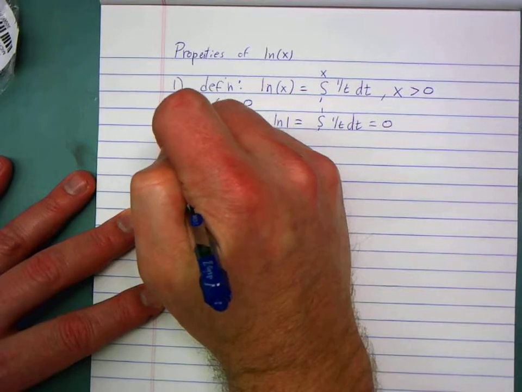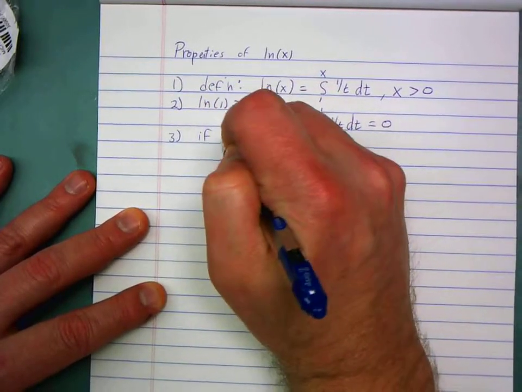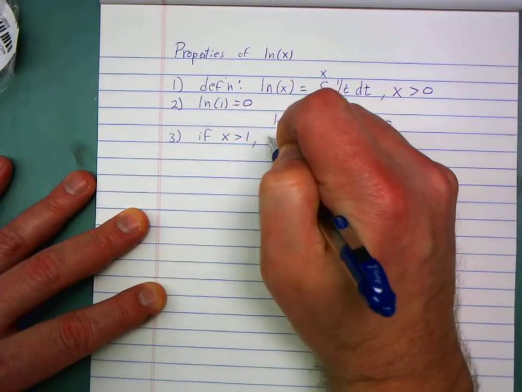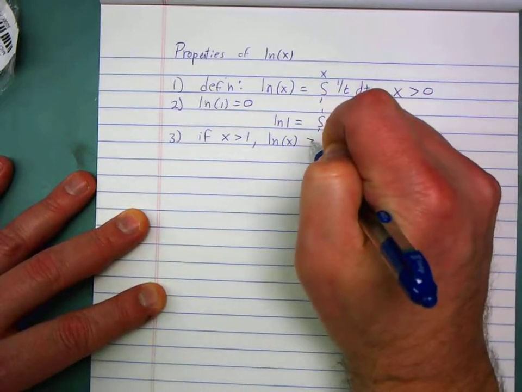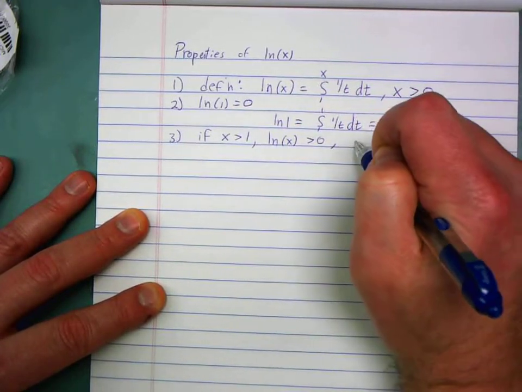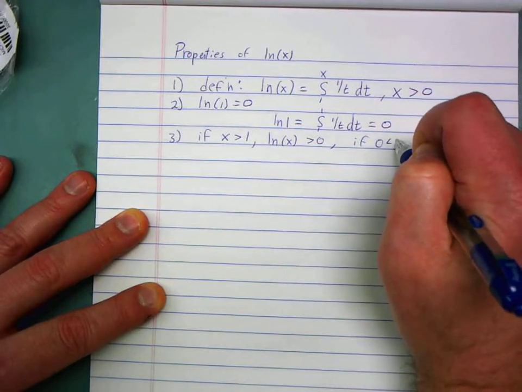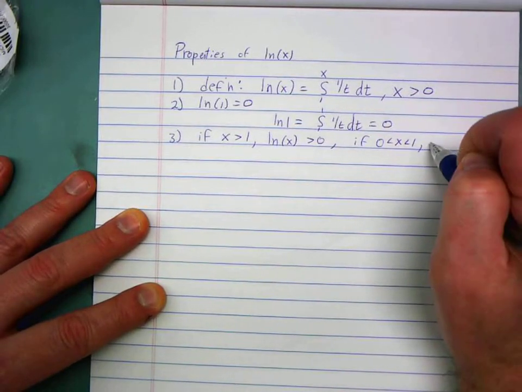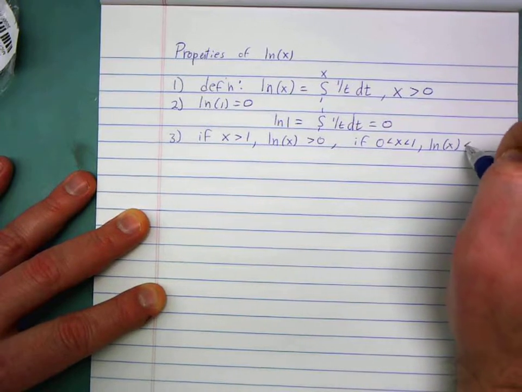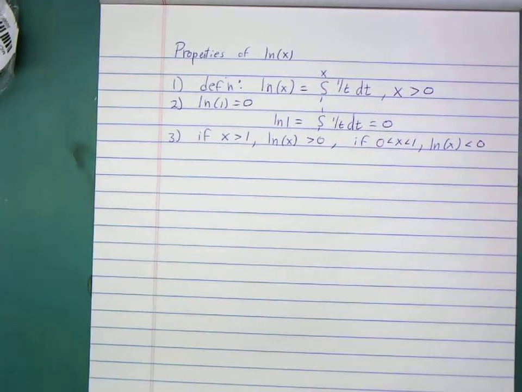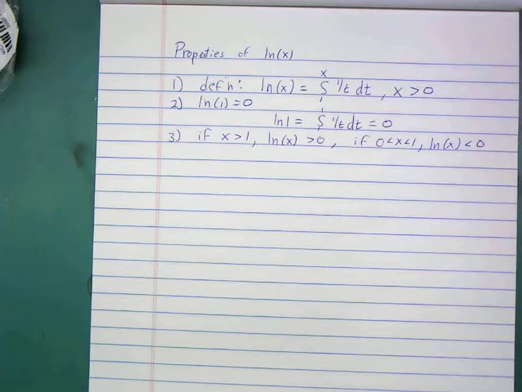All right, property number 3. If x is bigger than 1, ln x is positive. And conversely, if x is smaller than 1, but it still has to be bigger than 0, ln of x is negative. All right, so can anybody tell me why, if x is a positive number, ln of x is bigger than 0?